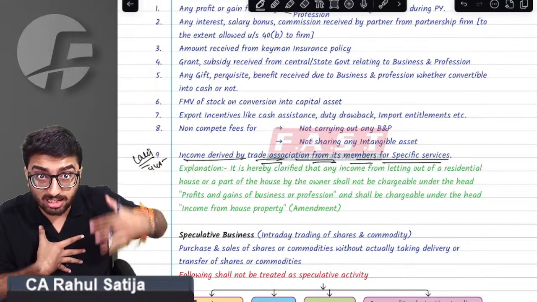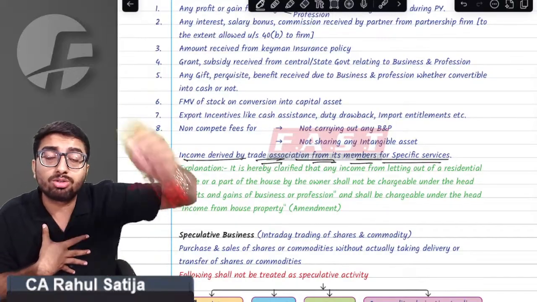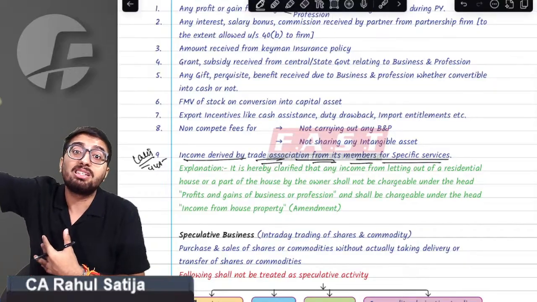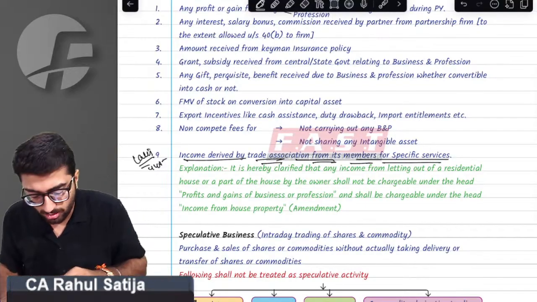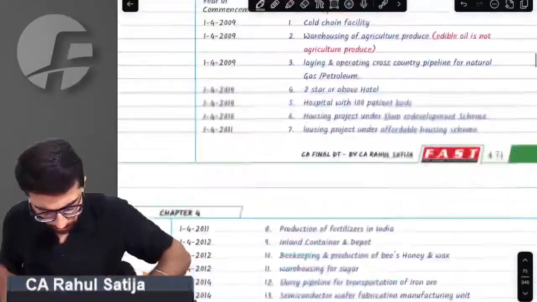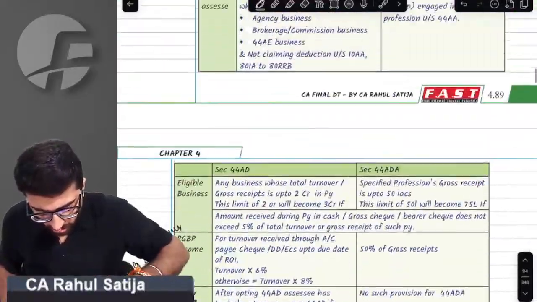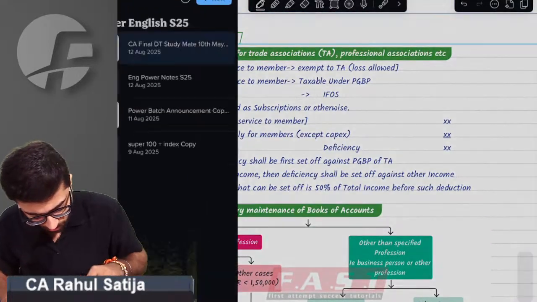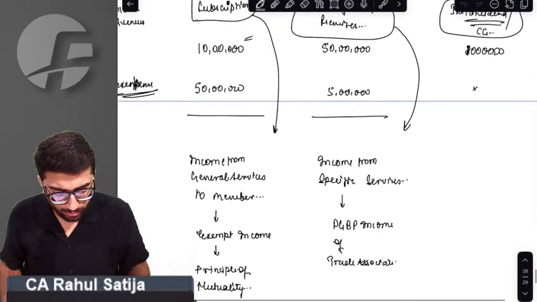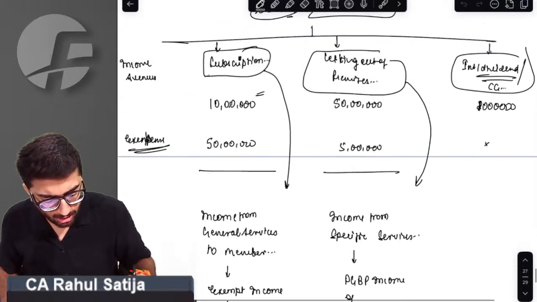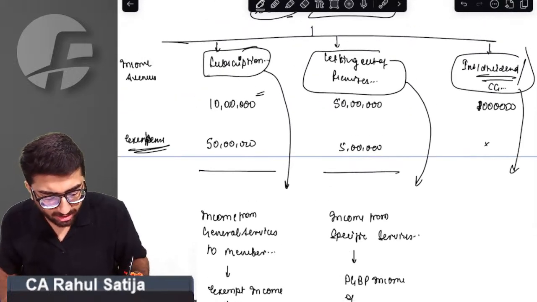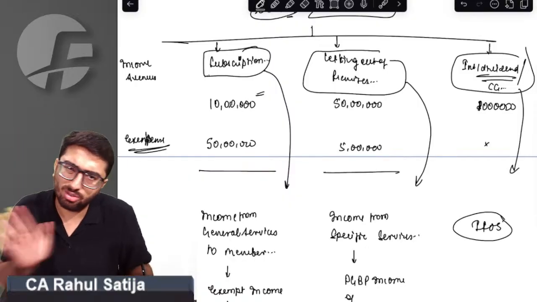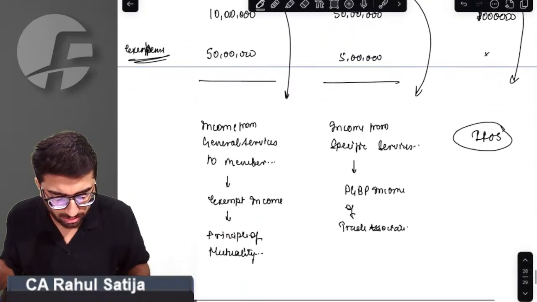But if it gives such property to a member, it is also PGBP. But if it is giving general services, it is not PGBP, it is exempt income. And whatever the other income is for a trade association, be it capital gain, it is always IFOS. Okay, sir, we got this point.